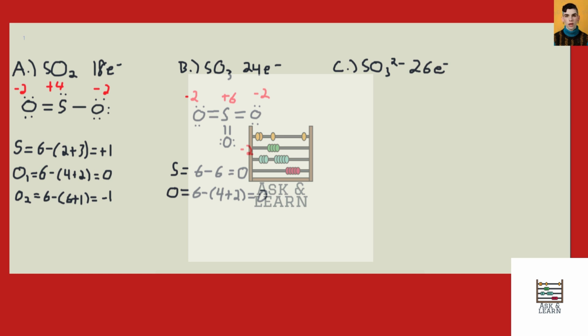So now let's go to SO3 2-. It's going to look similar to what we have here. I'm assuming the oxygens are going to be producing the charge we have here. And so we add 2 electrons to SO3 2- relative to SO3 because we got that 2- charge.